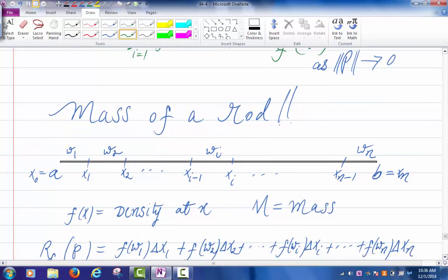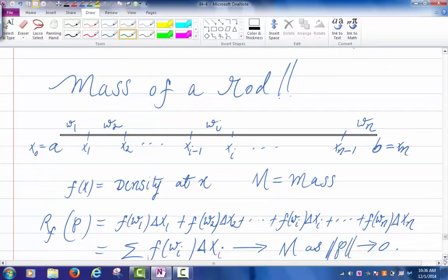Let me give you another motivation for why we consider Riemann sums. Let's think about a rod with varying density. You have a rod or a wire with varying density.